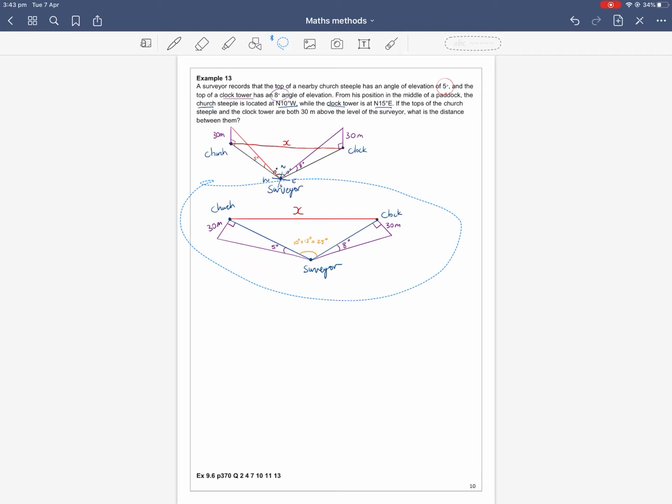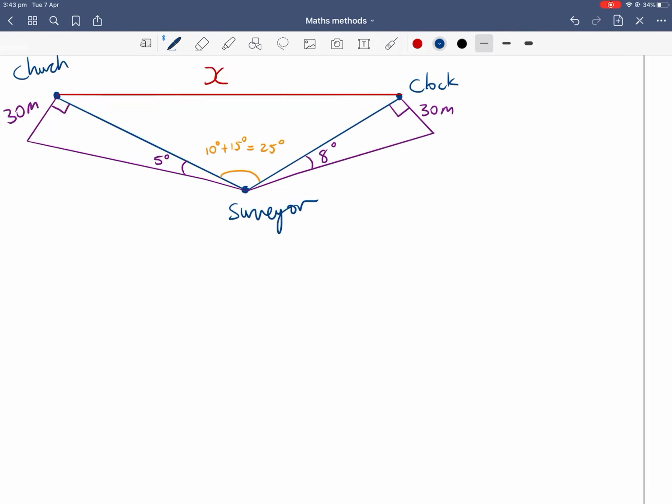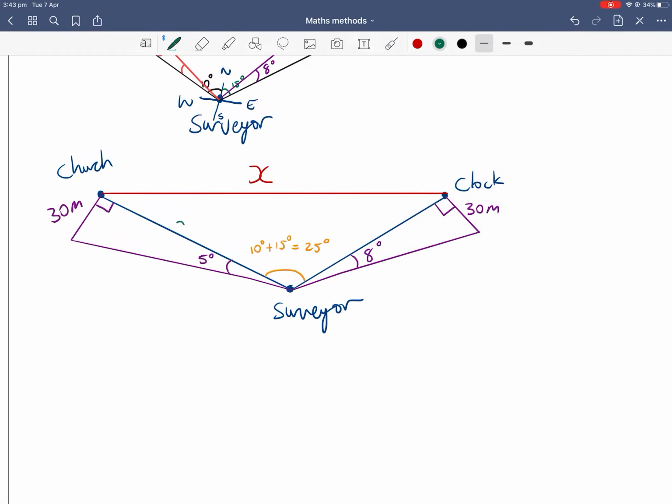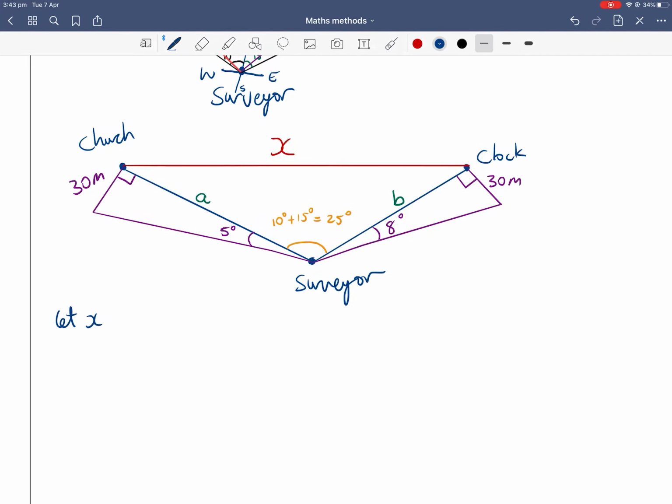So let's define some variables first. I'm going to move this up a little bit so I can give myself more space. Right, so let's define the variables length A and length B. Let x equal the distance between the church and the clock, measured in meters because our other measurements are given in meters.